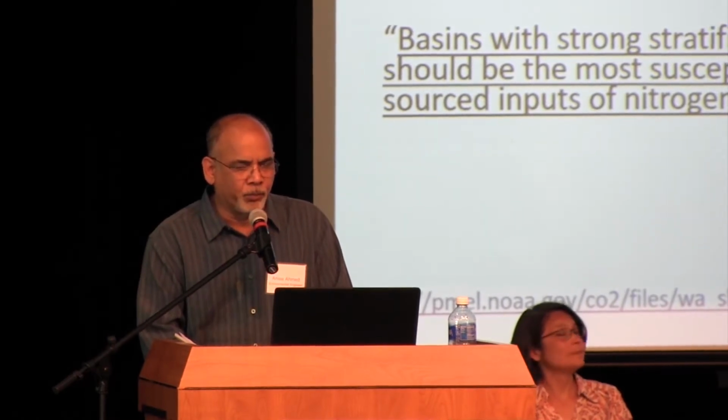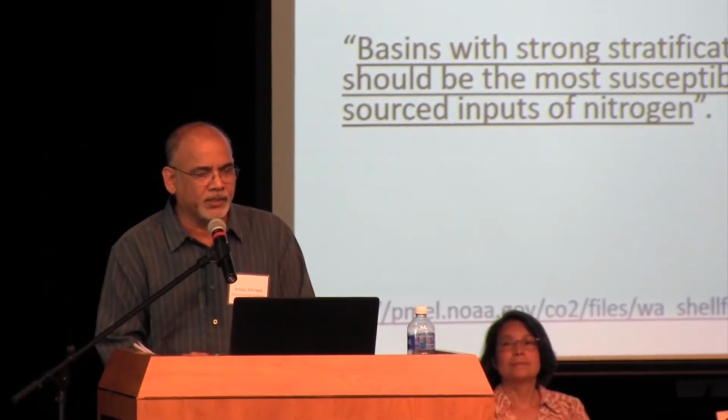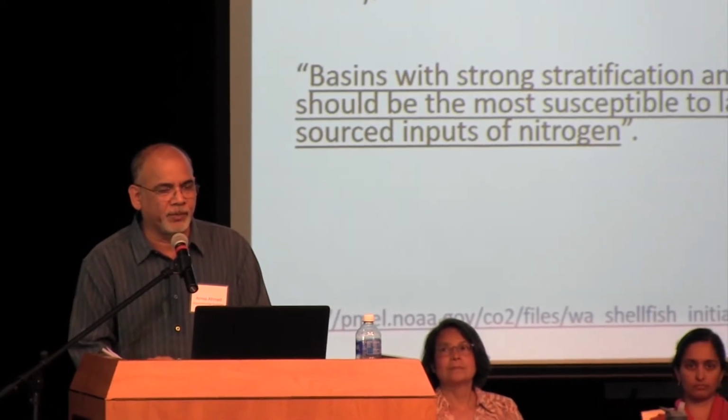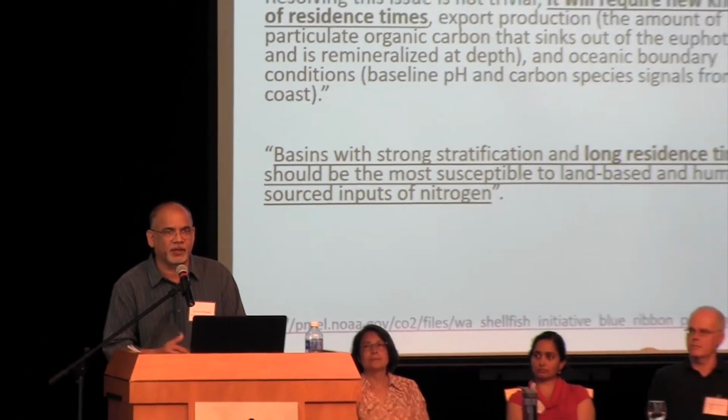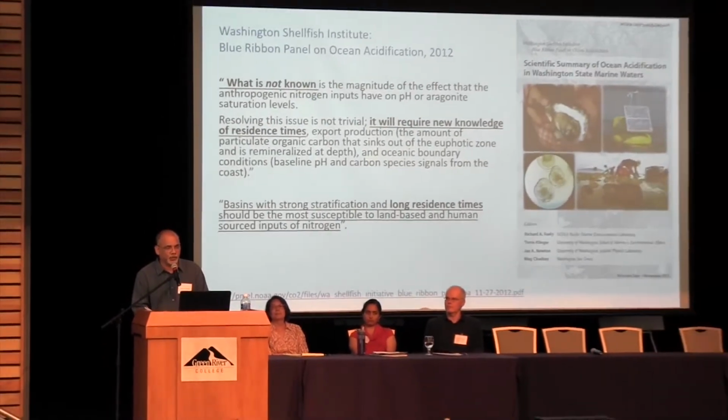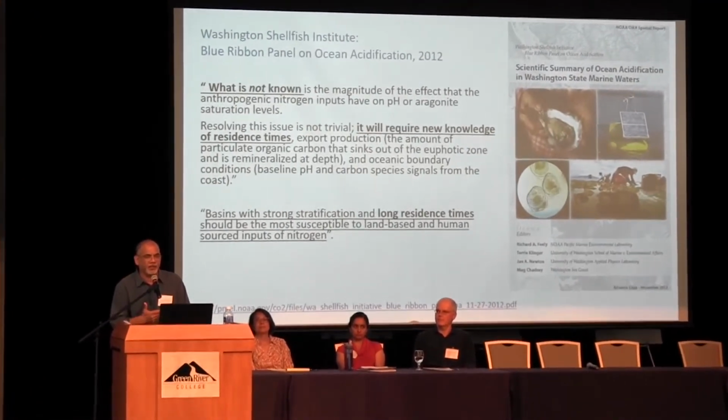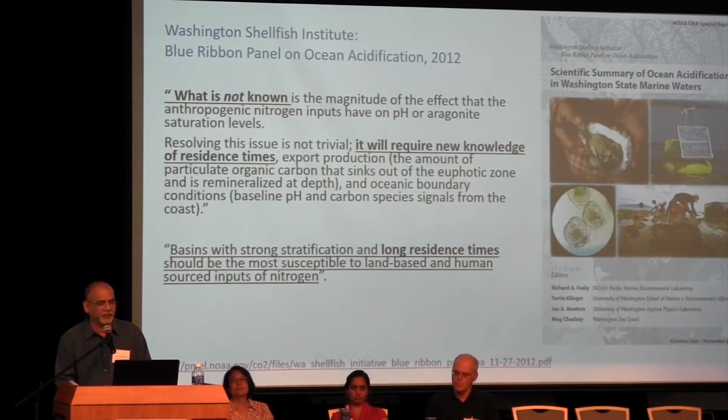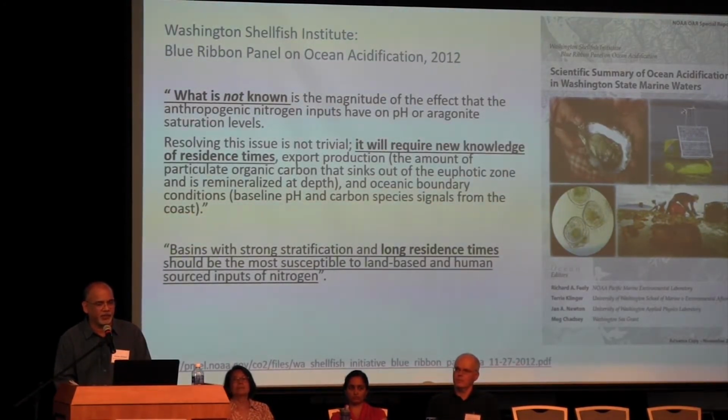I just want to point out that the Washington Shellfish Initiative Blue Ribbon Panel on Ocean Acidification, in a report that came out in 2012, recognized the importance of residence time. They say that what is not known is the magnitude of the effect that anthropogenic nitrogen inputs have on pH. Since that time, I think Greg is going to show that we have made quite a leap in linking pH with anthropogenic nutrients.